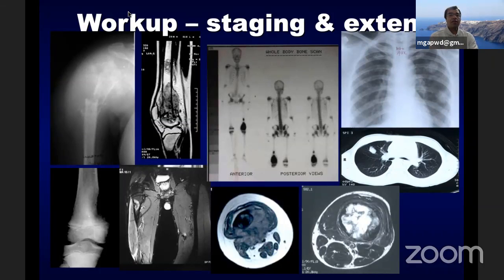Now, having done the local imaging, we also need to know if the disease is local or it is metastatic. So in effect, there are only two stages of any osteosarcoma. Osteosarcoma is either localized or it is metastatic.